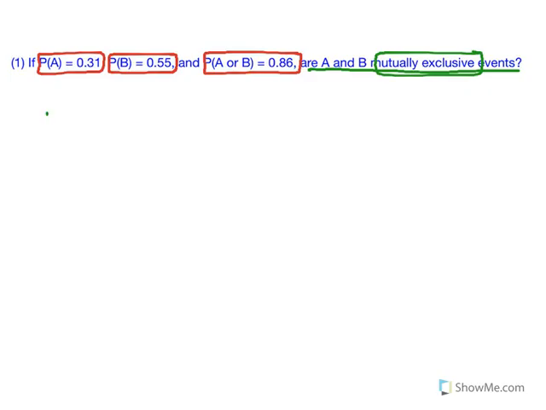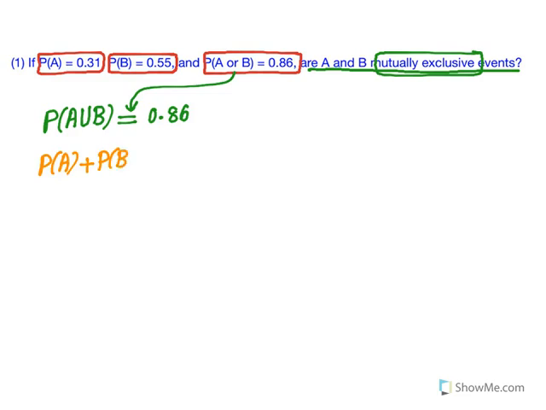So let's see, what is the probability of A or B? It's given to us already here. So I'm going to write it. It's 0.86. And let us compare it to the probability of A plus the probability of B. Both are given again.